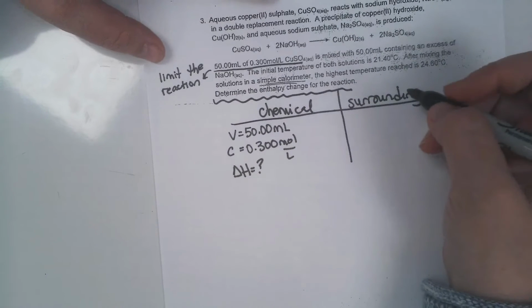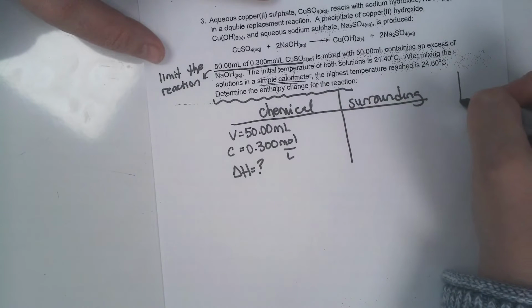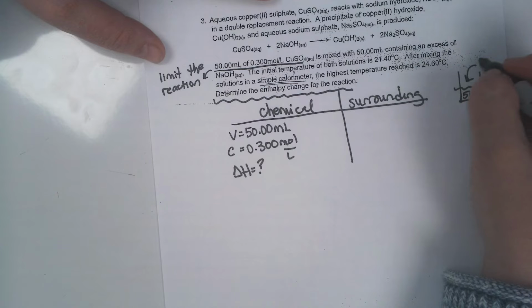Now under surroundings, we need to look at two pieces. We took this simple calorimeter, and in it we had 50 mL of NaOH, to which we added 50 mL of copper sulfate.